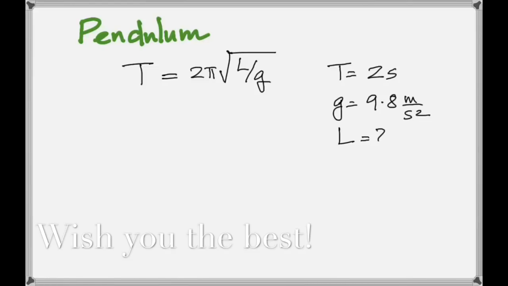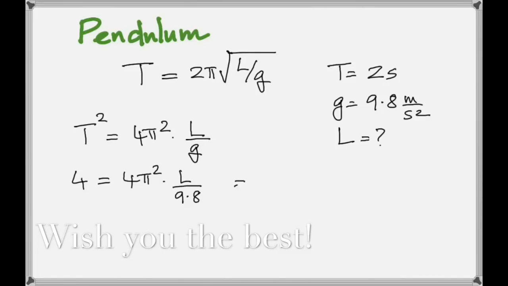Find the length of this pendulum. So if you did it the right way, you have to square both sides. And when you square both sides, lots of students forget to square this. I'm glad you did not. You did remember. You have to square this also. And then the square root is gone. And then just simple substitute into that. Rearrange. You should get the answer.